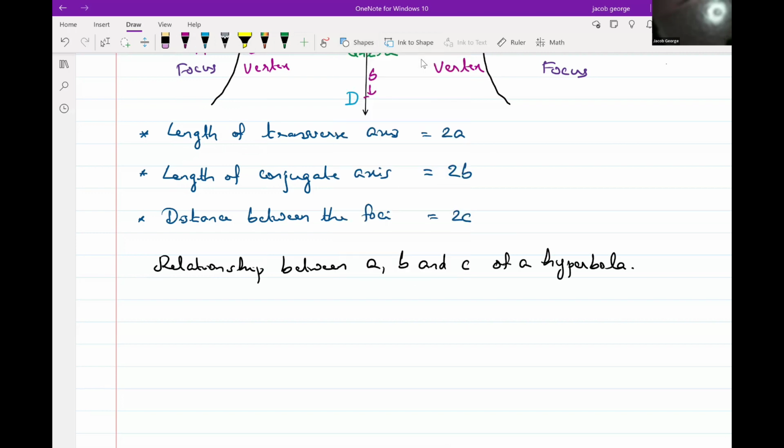Please write the subheading: Relationship between A, B, and C of a hyperbola.